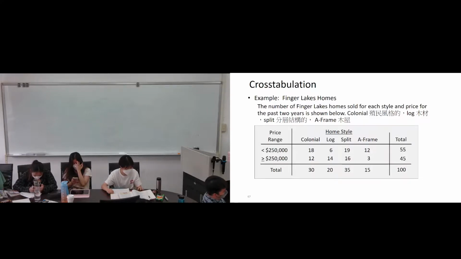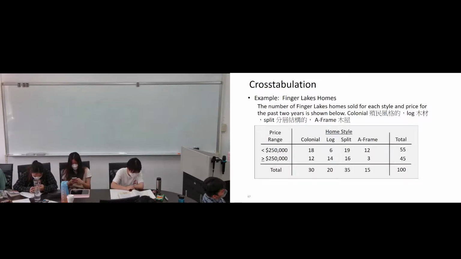It describes the relationship between two variables. One is home style, which we classify into four categories: colonial, log, split, and A-frame. The other variable is price range, a numerical variable, specified as below $250,000 or above $250,000.